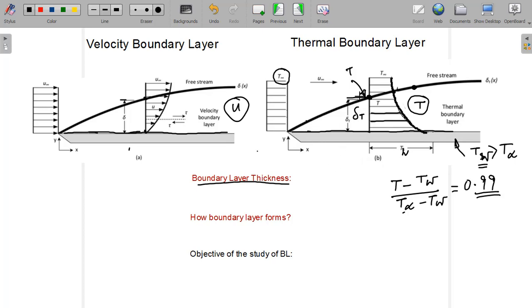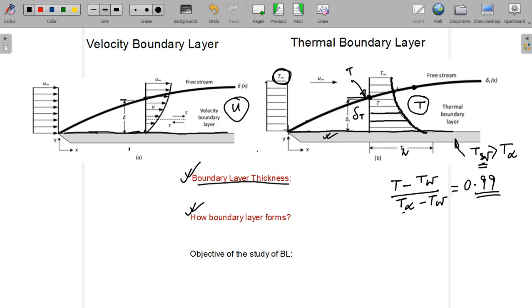Okay, after understanding the concept of the boundary layer thickness, let us try to understand how the boundary layer forms. The boundary layer forms because of the thermal disturbance that occurs at a plate at a different temperature from the free stream temperature. Here, we have considered that T infinity is a colder temperature compared to this hot plate, which is at T wall, more than T infinity.